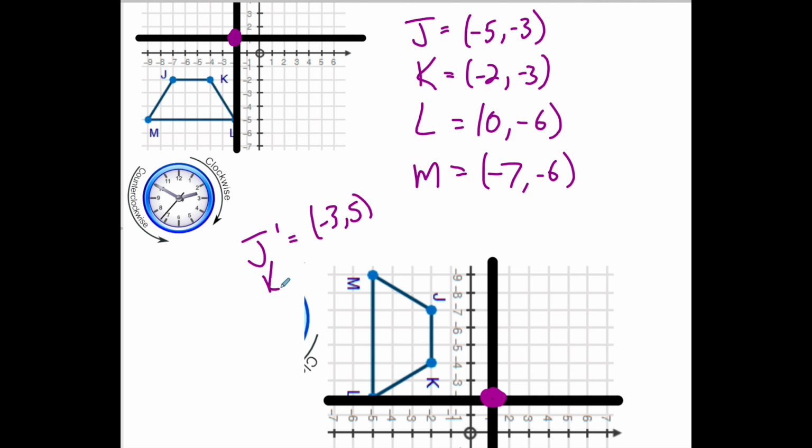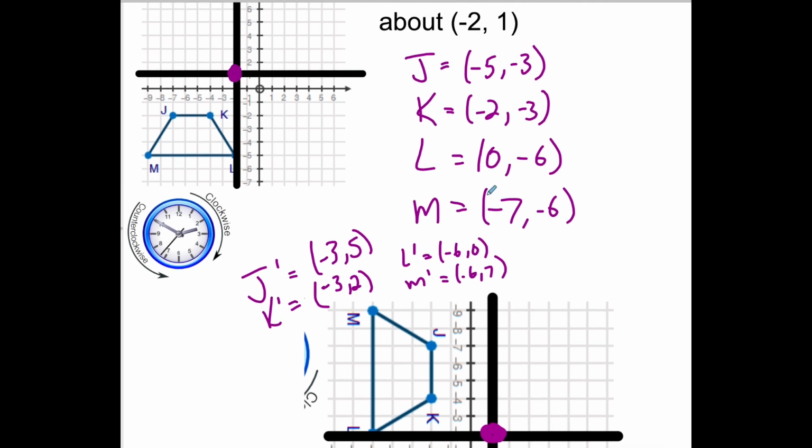So we can literally use the origin rules, but we just have to remember that now we're pretending this point of rotation is the origin. K moved to -3, 2. L moved to -6, 0. And M moved to -6, 7.